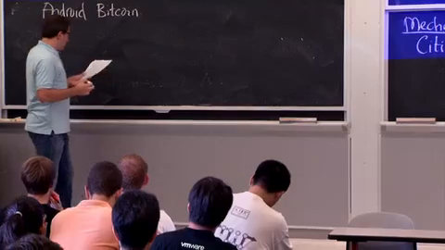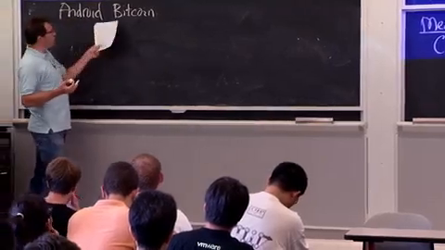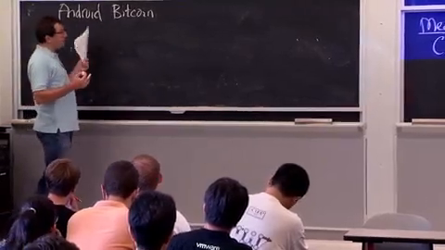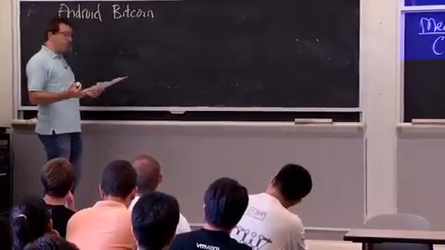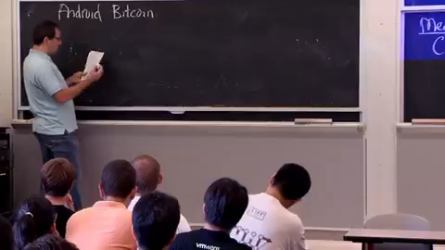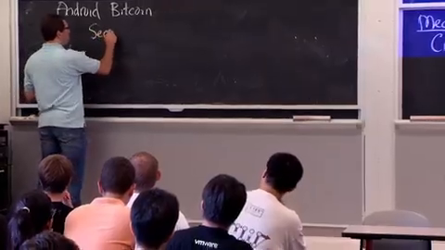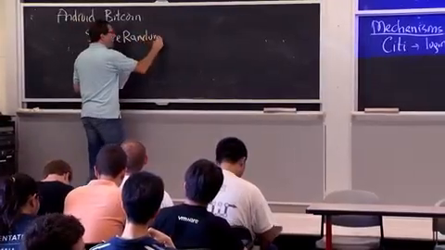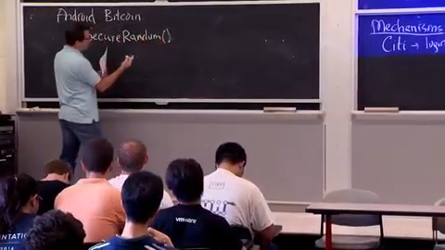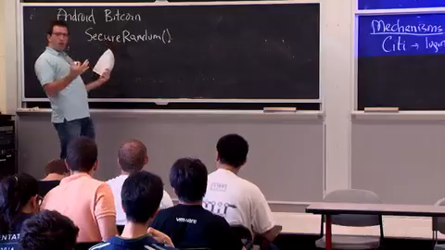And there are people using Bitcoin on Android, and the Android applications for Bitcoin were getting random values for these keys using this Java API called SecureRandom, which sounds great. But as people figured out, it doesn't really get real random numbers.